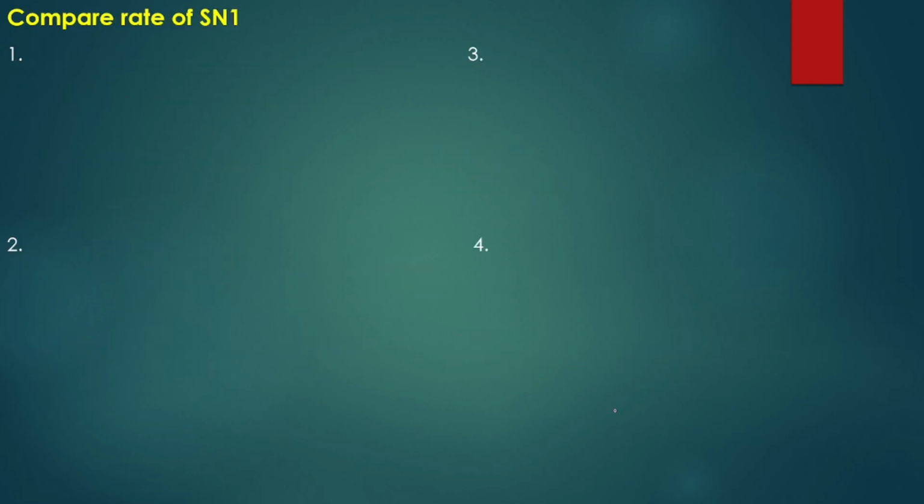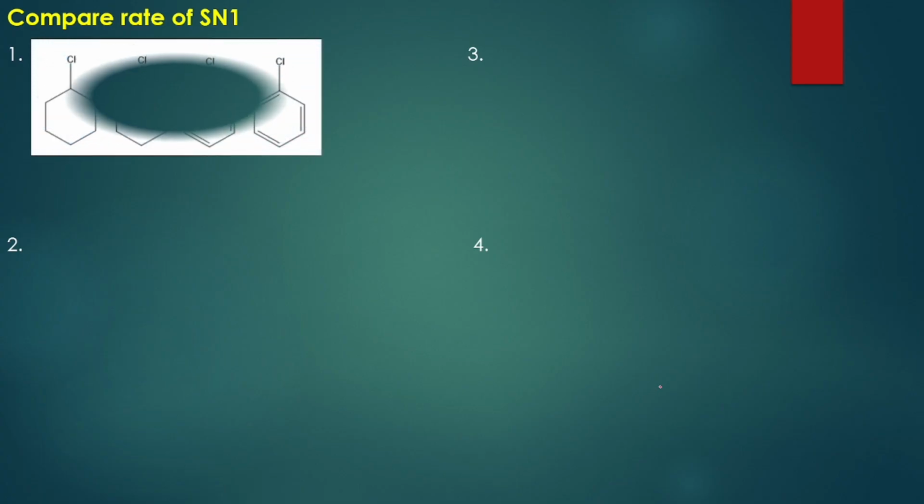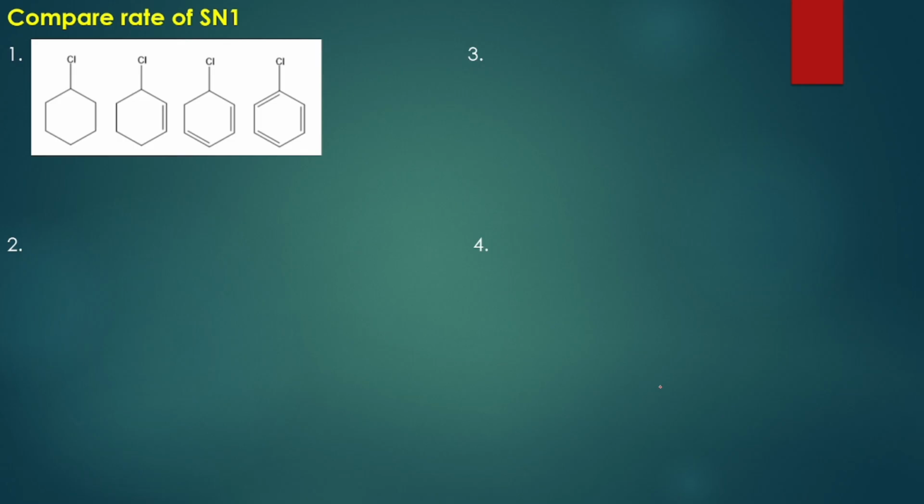Next, compare the rate of SN1. Solve the question here. What would be the answer? Whenever you see the rate of SN1, one point has to come to your brain, that is, rate of SN1 is directly proportional to stability of carbocation.